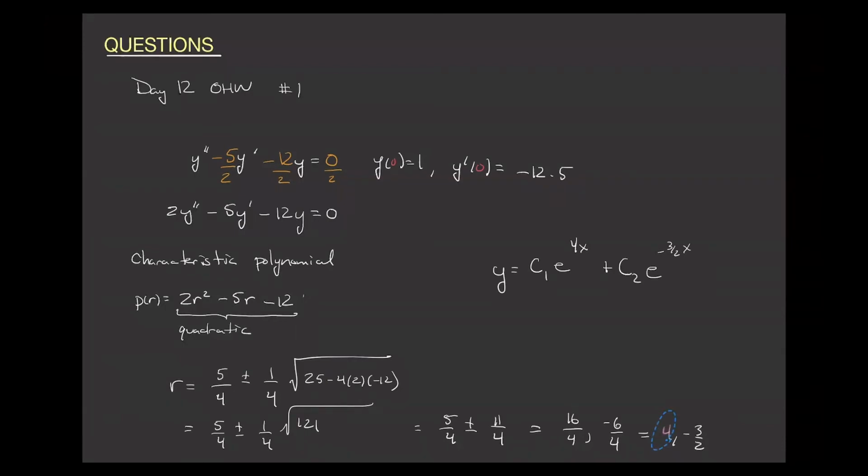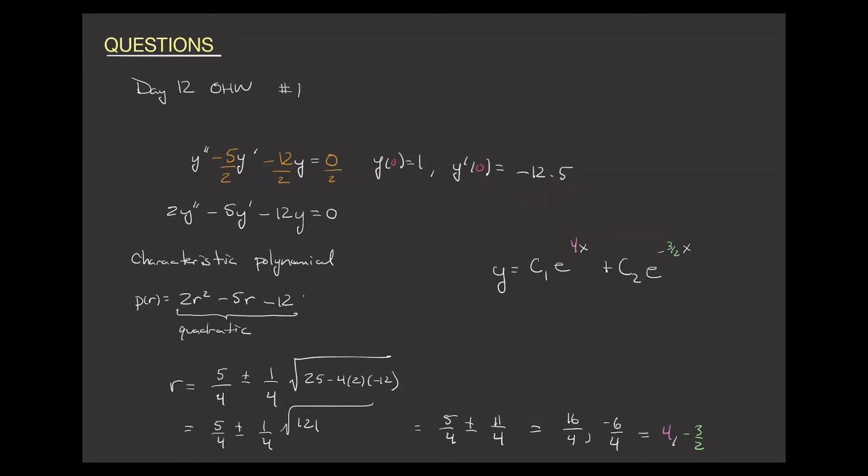So if we have 4 here and then -3/2 here, that will correspond to 4 here and -3/2 here. If you had a repeated root, let's say 4 twice, that would be something a little bit different. If you had complex roots, that would also be a little different, but that's the general idea.